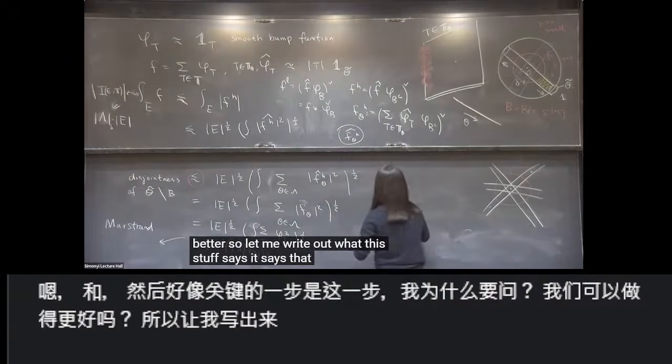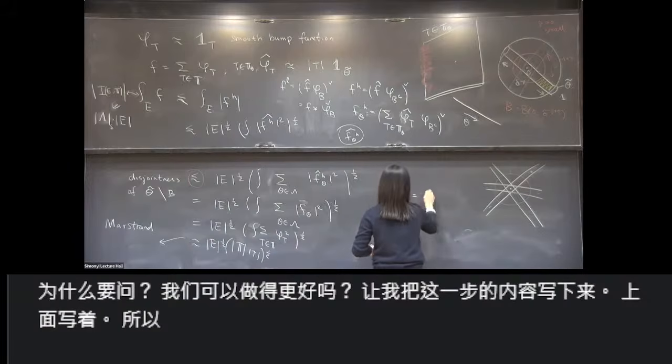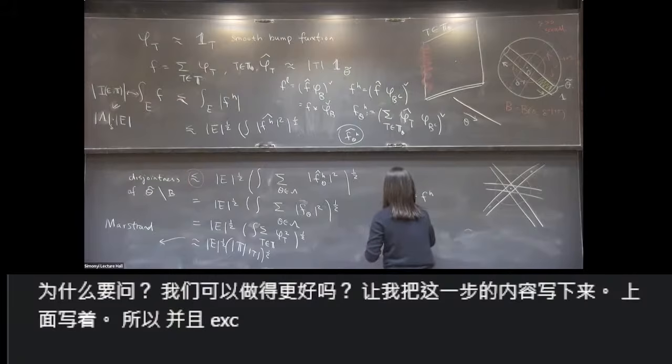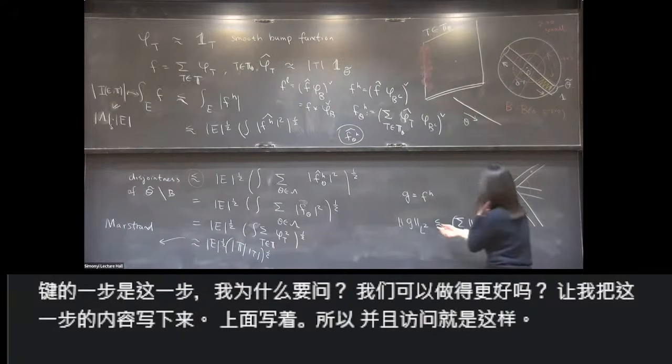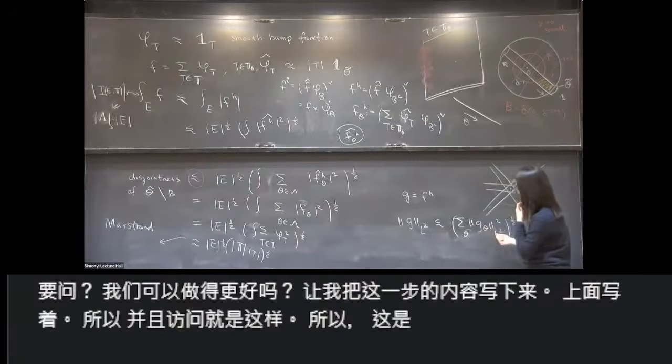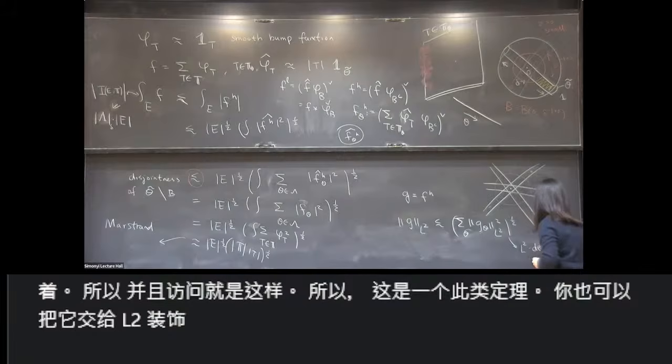Let's say G is F_H, and it says that it's a theorem of this type. You can also give it a name called L2 decoupling. That's the decoupling inequality that we are going to discuss.